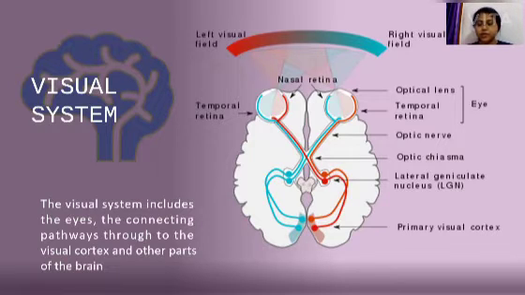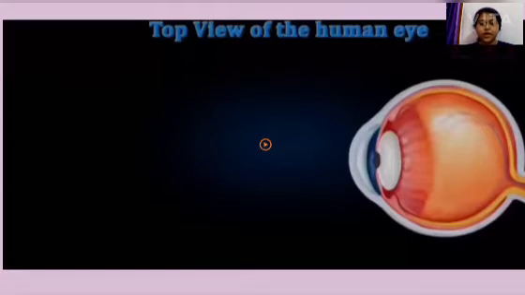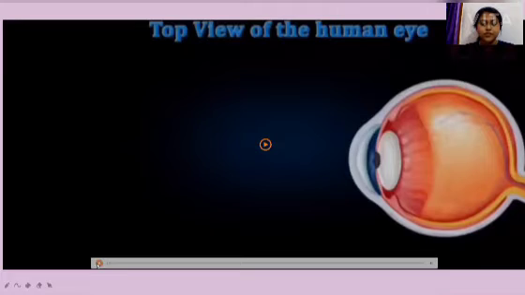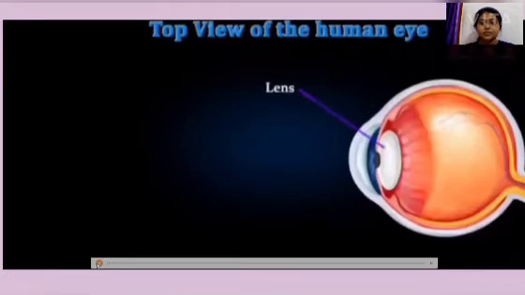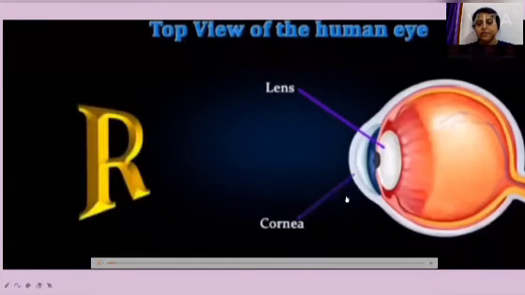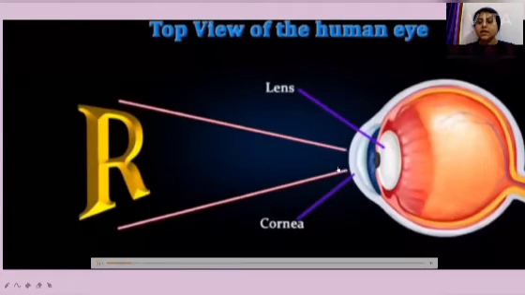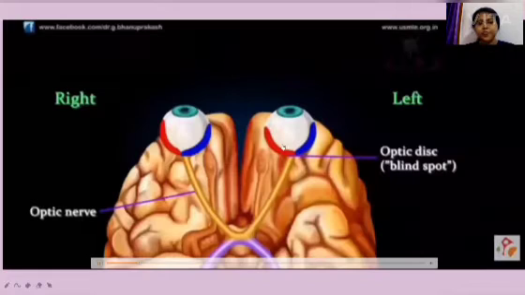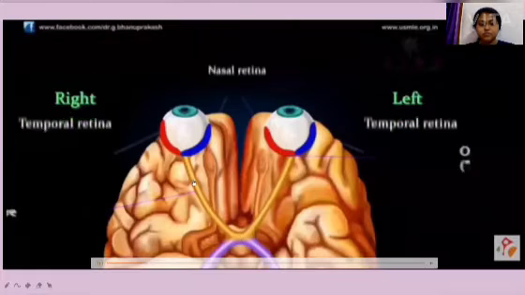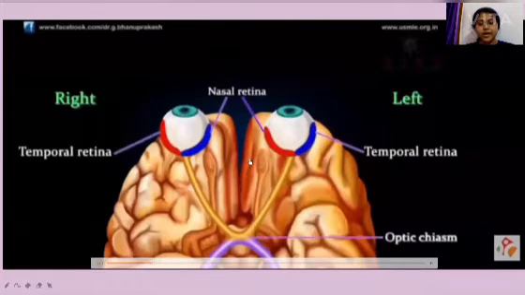Here is one small video from YouTube where the light through the lens and cornea is going to the retina. After that, the temporal retina and nasal retina, what I said, go to the optic chiasma through the optic tract.